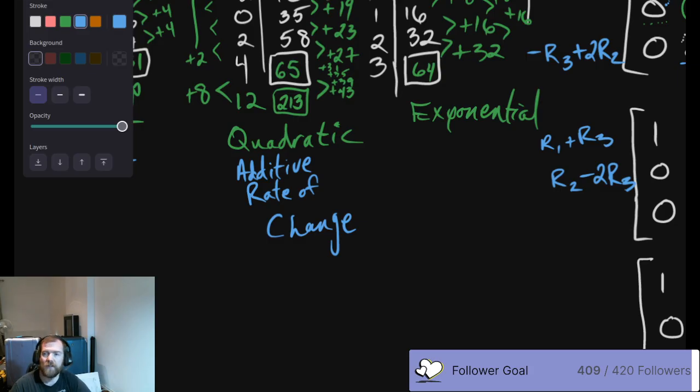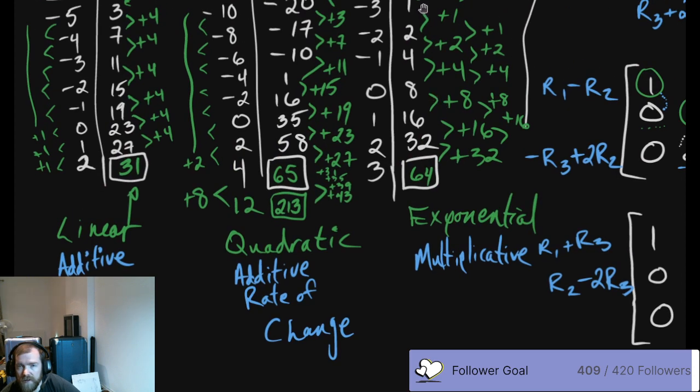So instead, in order to say we're doing the same thing from one line to the next, to the next, to the next, what we have to say is, oh, well, we're taking every individual value and we're multiplying it. So I'm taking my 1, I multiply it by 2, and I get 2.